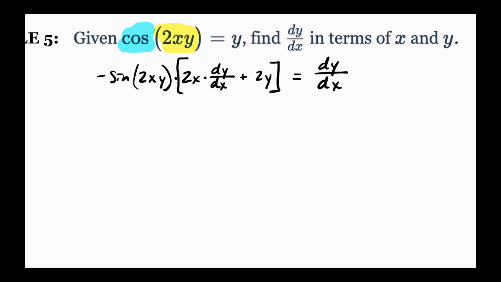Okay. Calculus is done. Now we have to figure out a way to get the dy dx's on one side, everything else on the other, and do it correctly algebraically. How are we going to do that? There's a couple different ways.